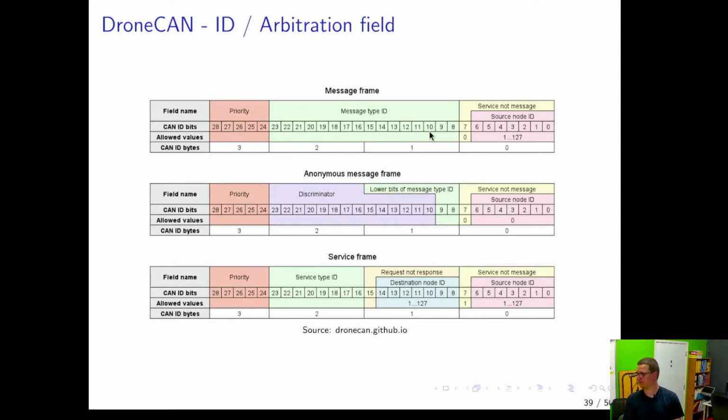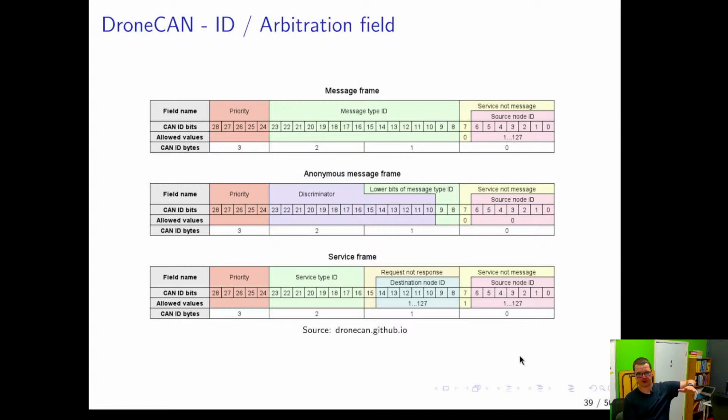And then the source node ID is just meant for handling collisions? No, the source node ID is mostly for configuring the nodes. The source node ID is not that important in DroneCAN.